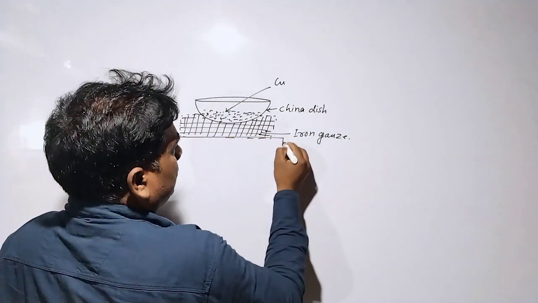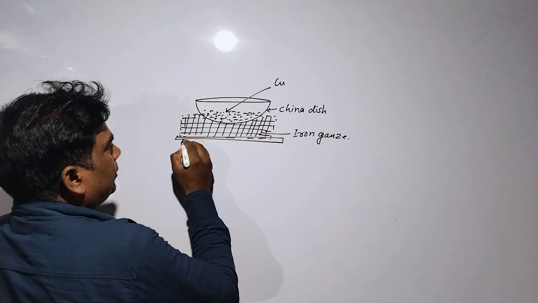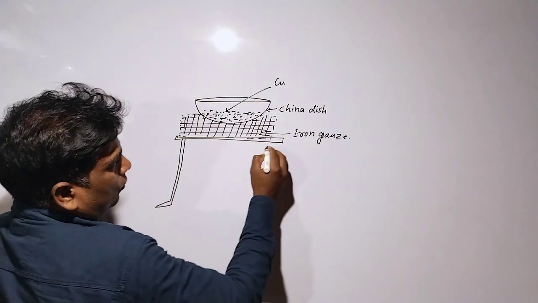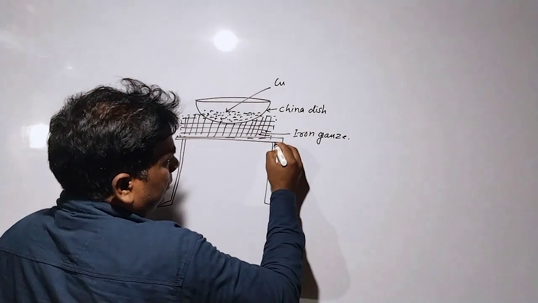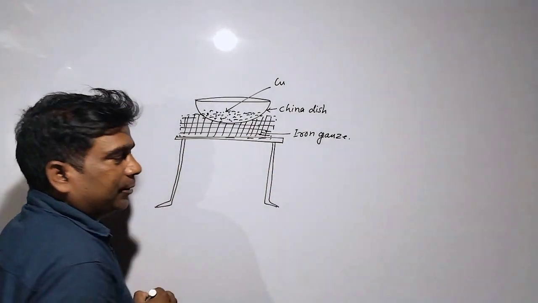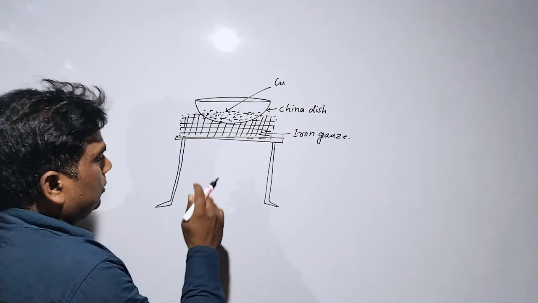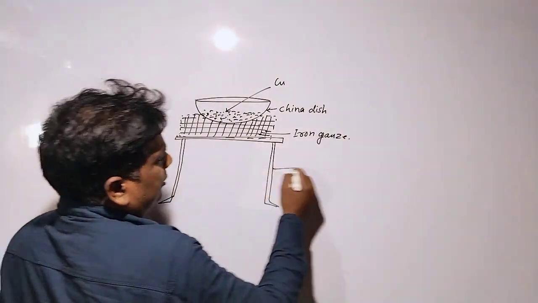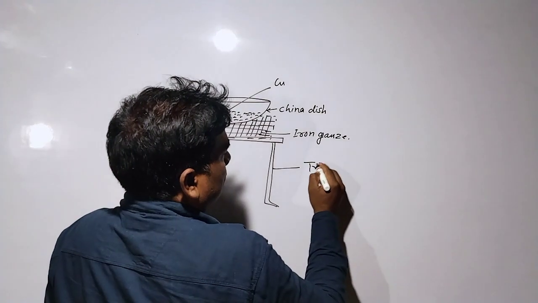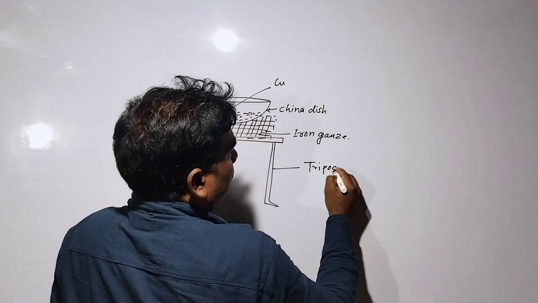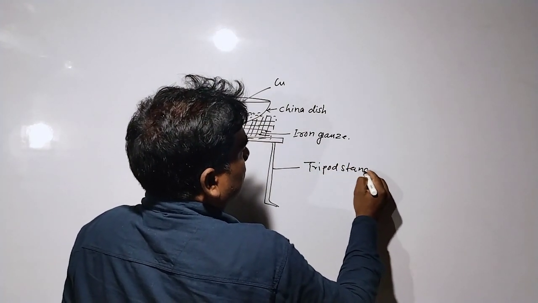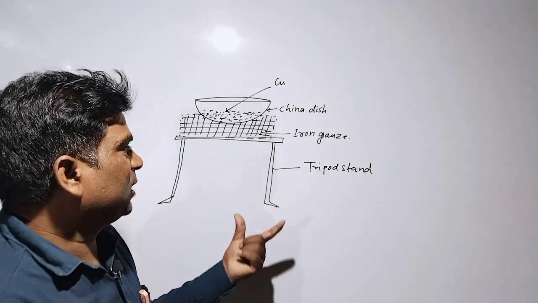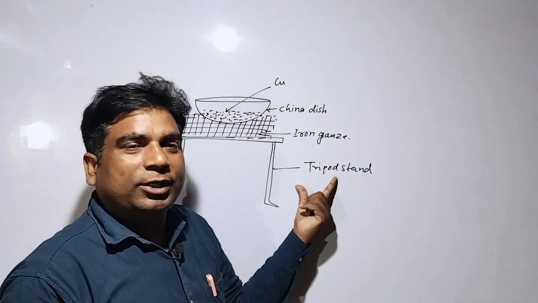And we take one tripod stand. This apparatus is called a tripod stand.